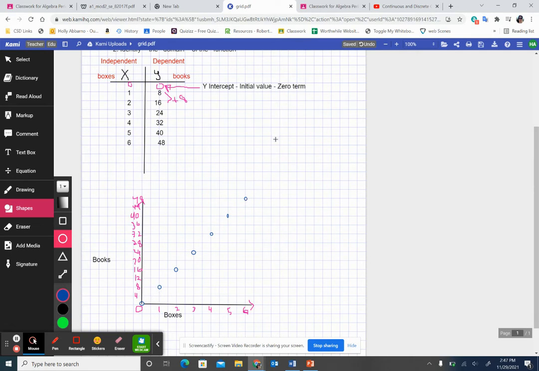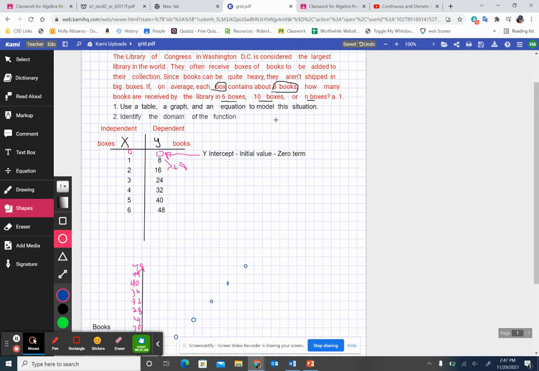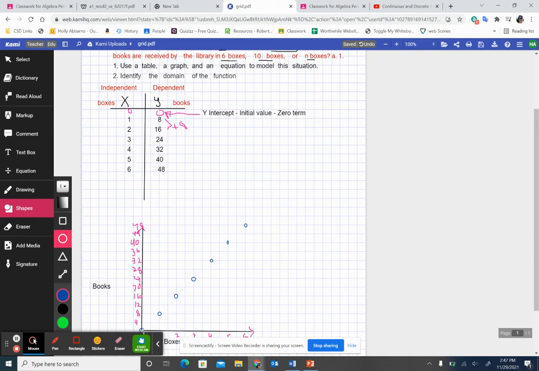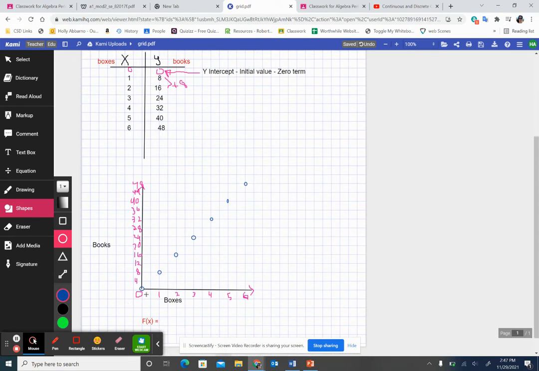So we have our table and we have our graph. Now let's talk about this. Should I connect this or should I not? Can I ship a partial book or can I ship a partial box? The answer is no. I can't ship 3/4 of a box, which has just a few sides and is missing a side. No one wants a partial book. So we're going to have these gaps in between.